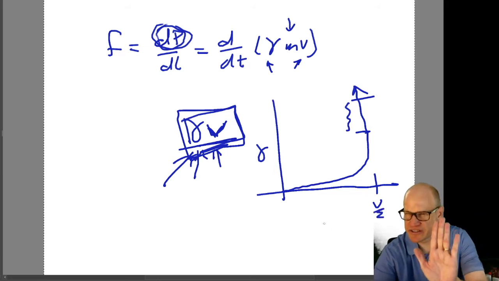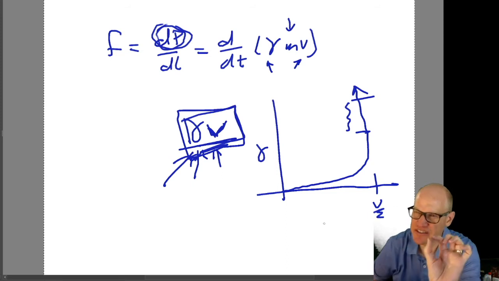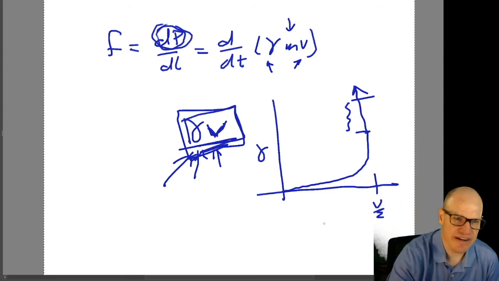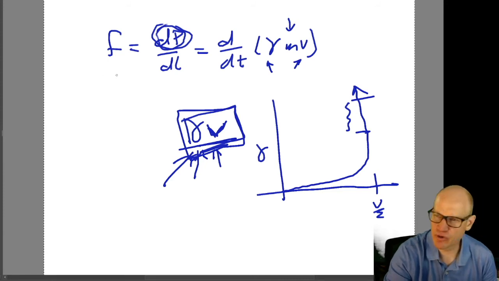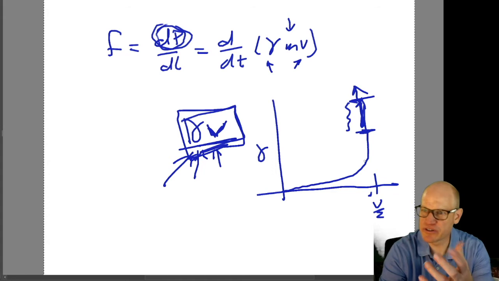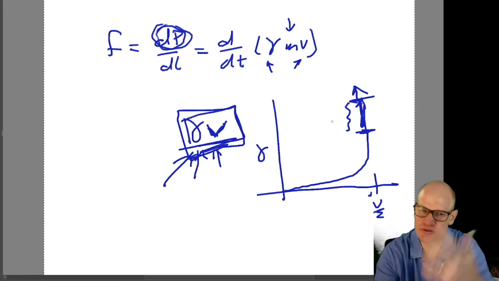So as I push on it, gamma grows, gamma grows by a lot, v grows by very, very little. So if I have some amount of force that I'm going to add to the system, it's all going to get consumed in increasing gamma. v will increase a little bit, but gamma increases a huge amount.